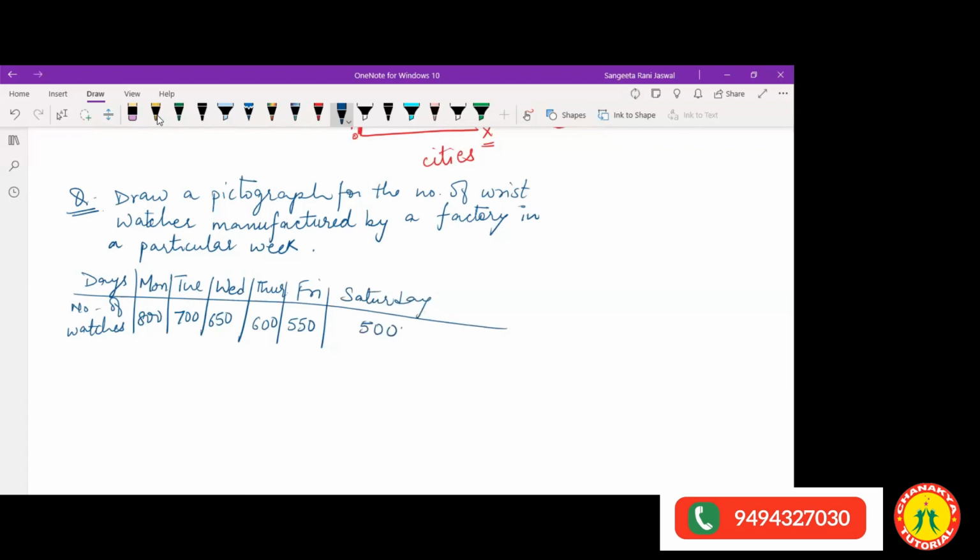Okay, this is the data given. Make a pictograph. Draw a pictograph and use symbol of your choice.